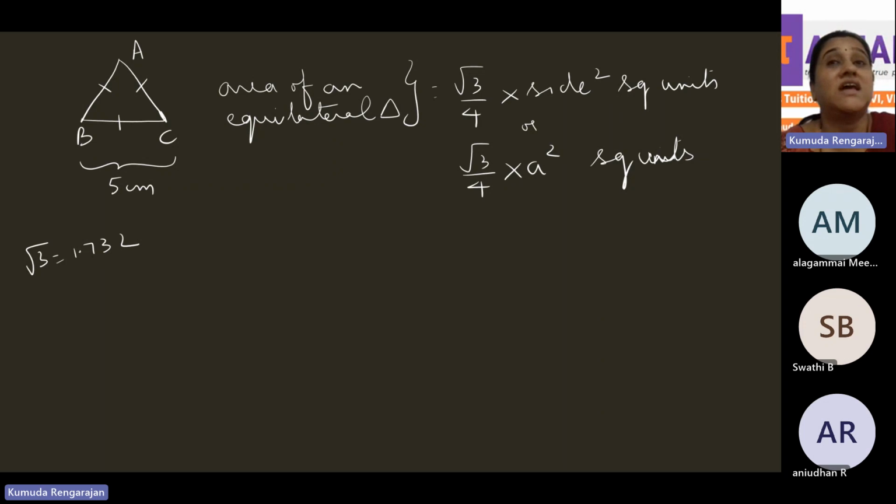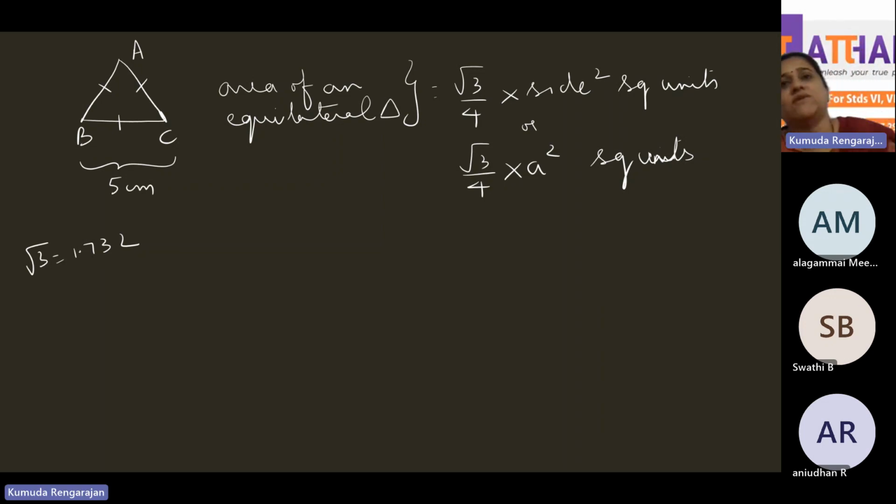Root 3 is an irrational number and its decimal value is non-terminating, non-repeating. So it's not exactly 1.732, it goes on forever. But for calculation purposes, you need to take a fixed, terminating decimal value.